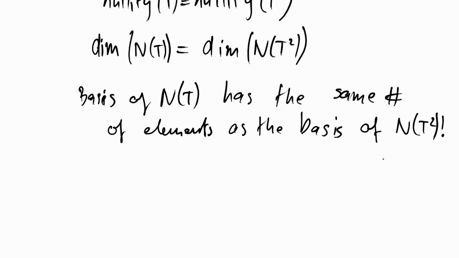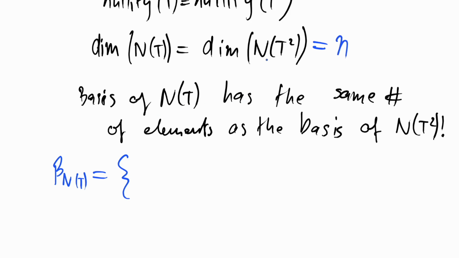Let beta NT denote the basis of the null space of T, and let's say their dimension is equal to n.